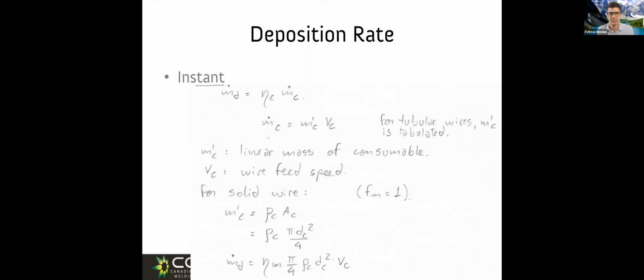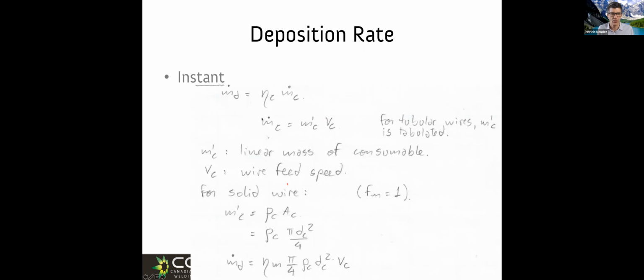And this, I'm using V because it's an old notation, but this is the velocity of the consumable. This is the wire feed speed, the one we set up in a MIG machine or in a submerged arc machine, flux core, metal core.